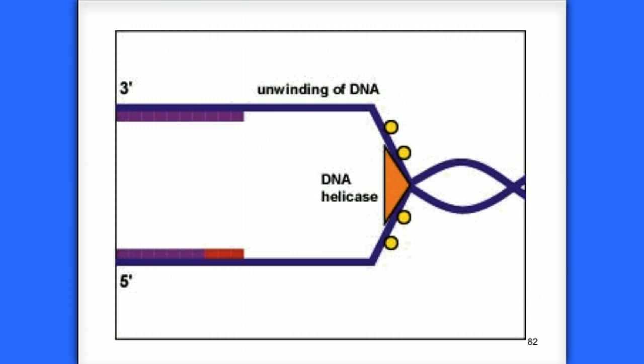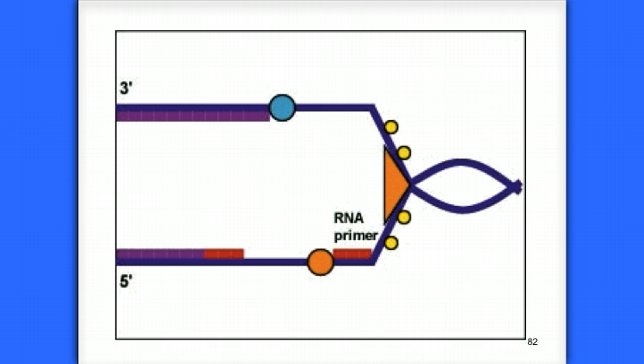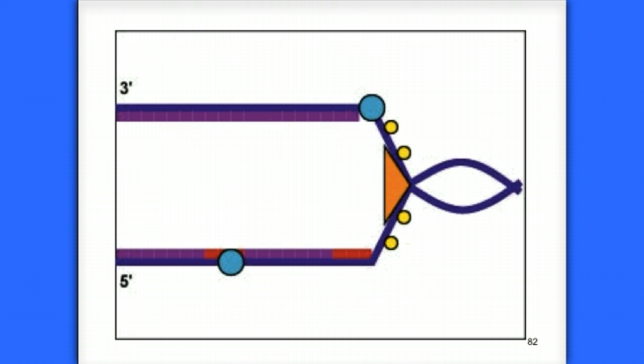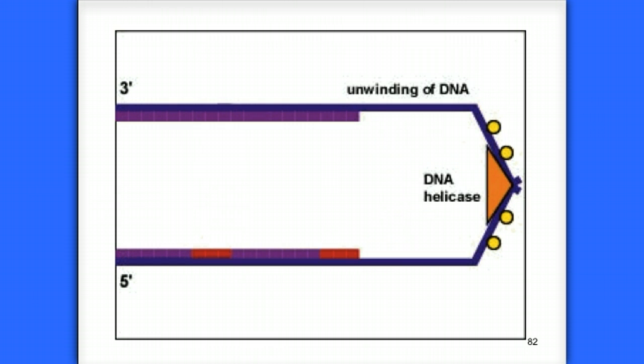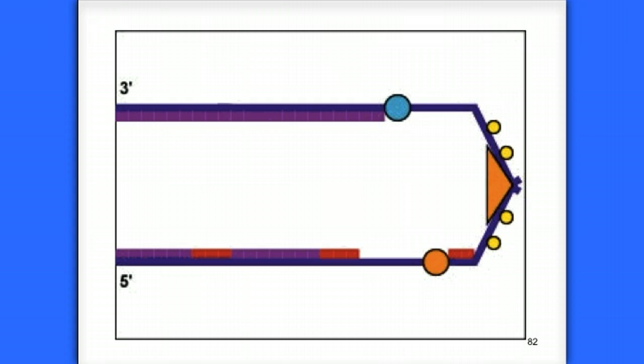Whereas on the top you have the leading strand only, one primer in the beginning, and then it is a continuous process. So the DNA polymerase helps in formation of the strands. See in the lagging strand, these red colored ones, 2 primers have been added. And the DNA helicase continues to uncoil. So another primer comes, that means in between there are Okazaki segments. So here another one has been added.